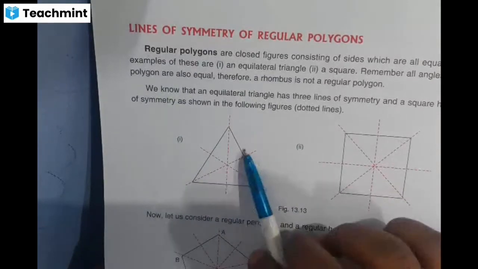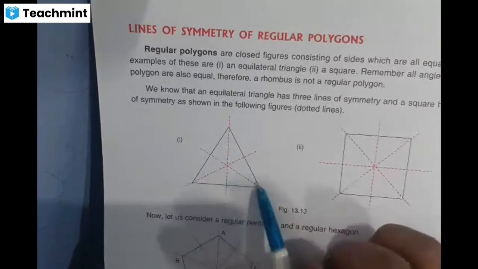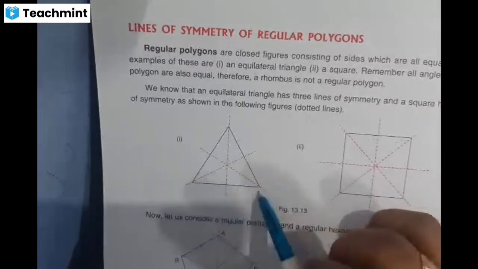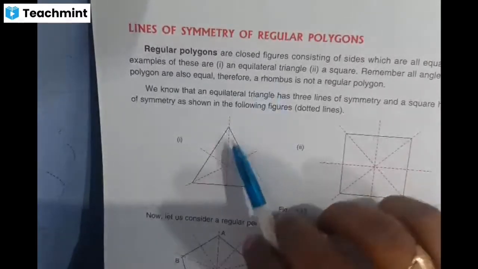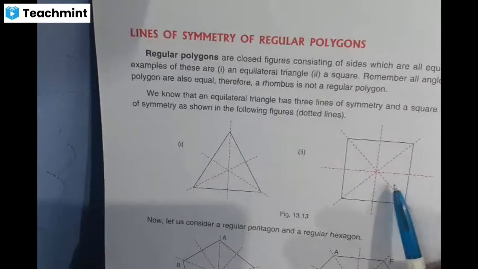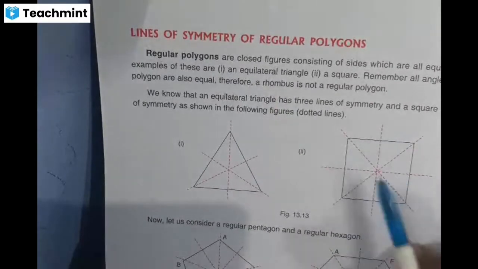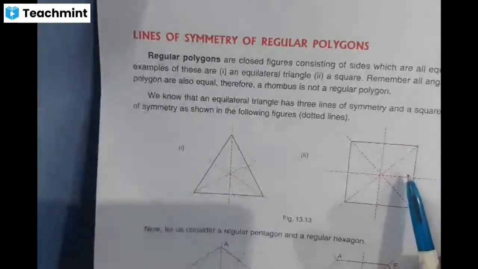Here, all the sides are equal. How many sides are there in a triangle? 3 sides, and 3 sides are also equal in an equilateral triangle. So, this is a regular polygon. Next, coming to the square, it has 4 equal sides. Therefore, it is also a regular polygon.